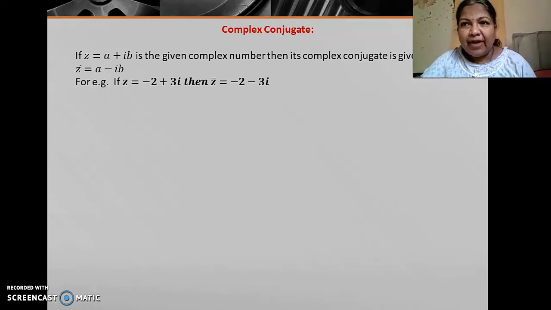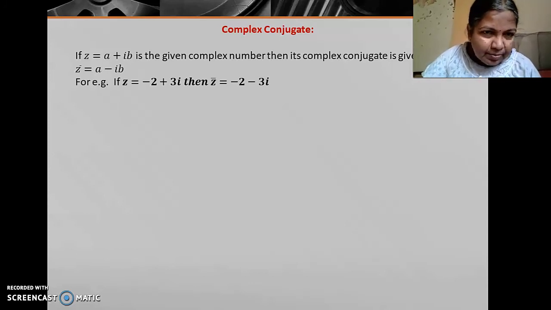Now let's see how to divide. For division of two complex numbers, the concept required is the complex conjugate. It is similar to the rationalizing factor that we used for rationalizing an irrational number.